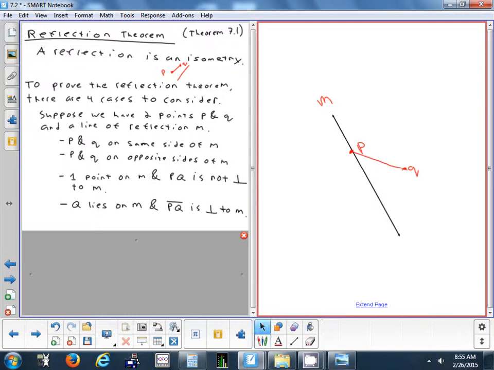Case 4 says we have a point on the line of reflection, like Q, but PQ is perpendicular to the line of reflection. So that would be like that. That's case 4.